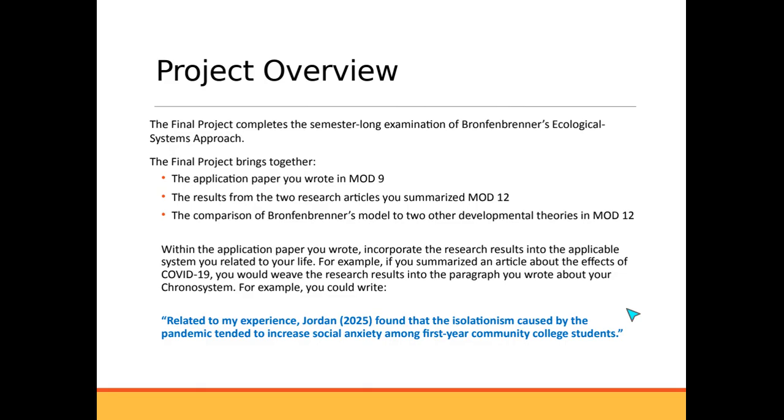So email me questions if you need more explanation of this, but you're going to weave the research results, with this in-text citation like this, within the systems that they go with. So you've got to look at your research articles and figure out which of those 5 systems they go best to, and then weave it into your paragraph. Make sense? I hope so. If not, email me.